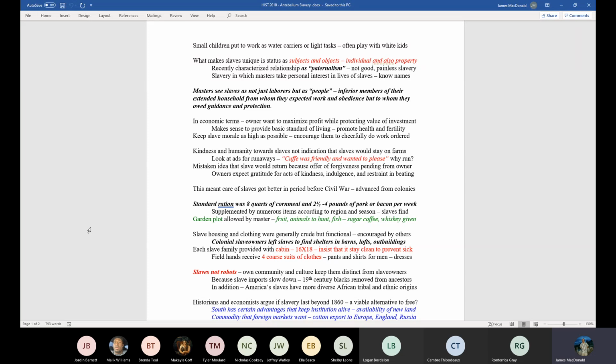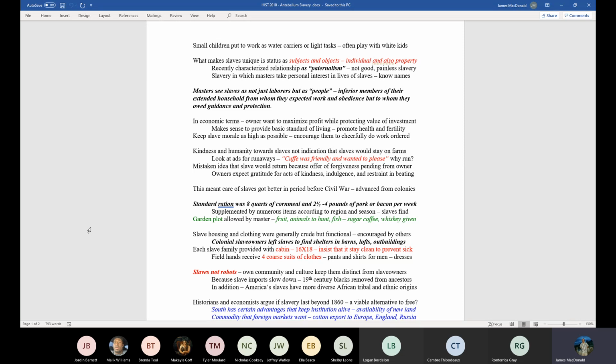We were past the frontier colonial days. We know that there were some statements we can make about the basics of life provided to slaves. Probably about 8 quarts of cornmeal and 2.5 to 4 pounds of pork or bacon or another meat per week. Doesn't sound like a lot because it wasn't. It would be supplemented by numerous items according to where the slave lived, or the season, or what slaves could find, or hunt, or catch.